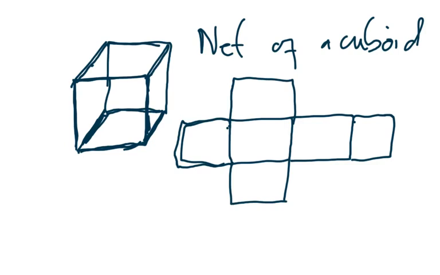When a child walks into class, they're able to see all these shapes, and they're able to relate to their properties. So that's a net of a cuboid, and these are the various faces that it has, and the faces are also made up of the edges. The edges also represent the various vertices that we've talked about.